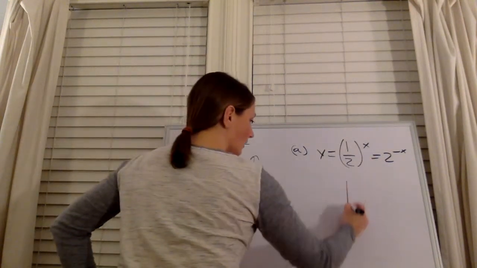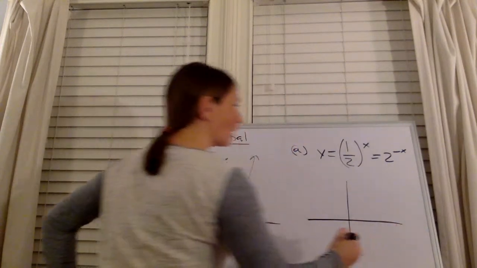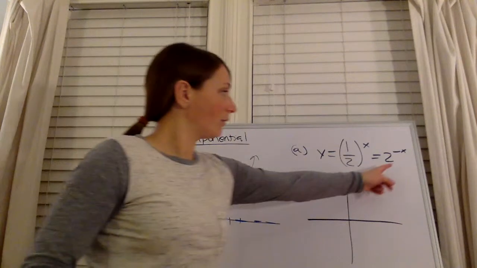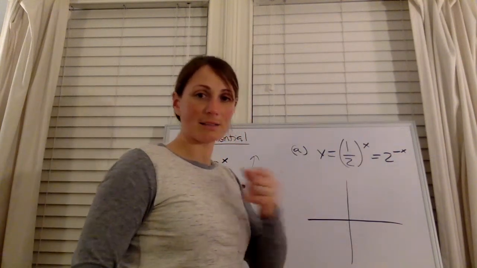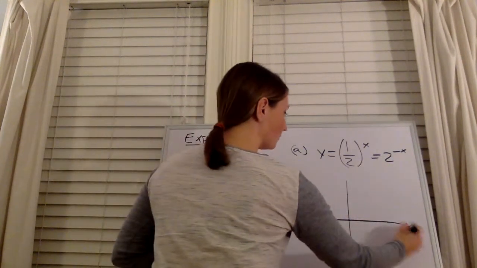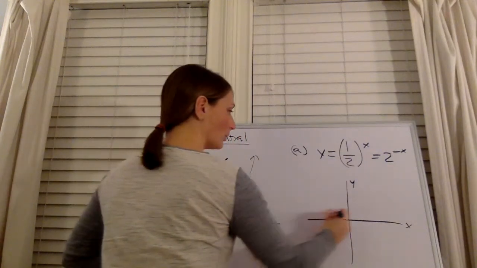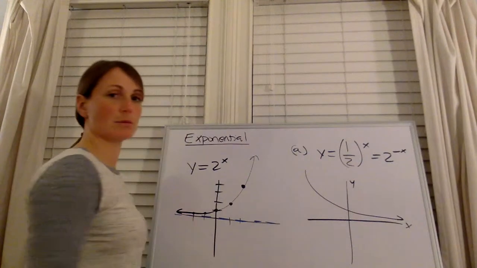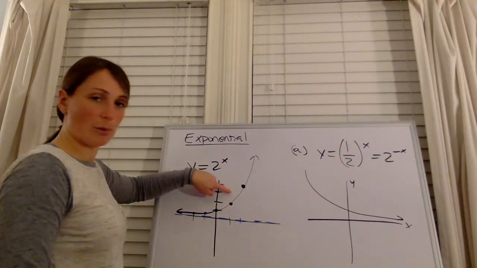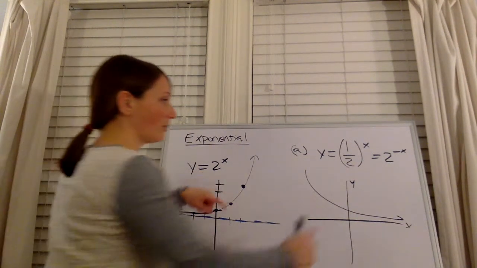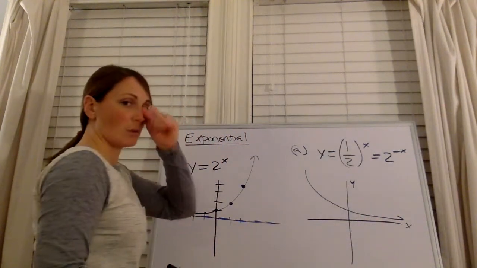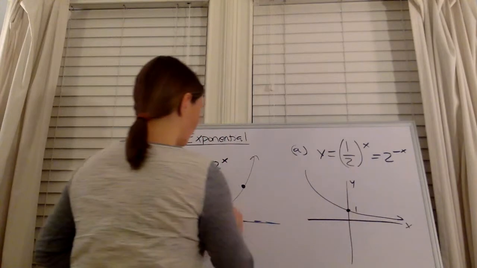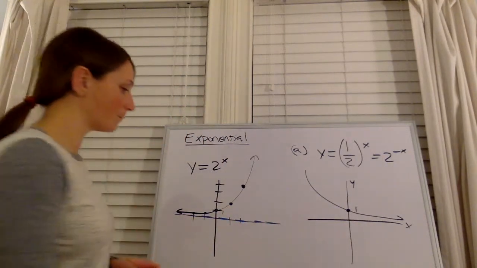And that variation is going to take this graph of 2 to the x and flip it over the y-axis. Right? So instead of being an exponential growth model, it's going to look like this. Same exact outputs as 2 to the x, except it's reflected across the y-axis. Same y-intercept of (0, 1). Okay.